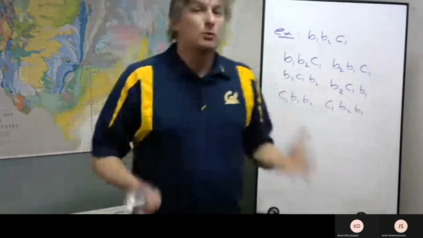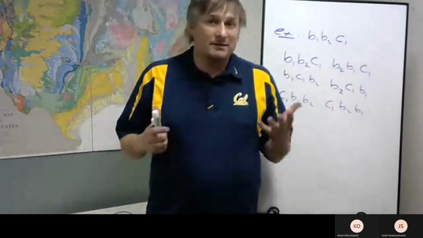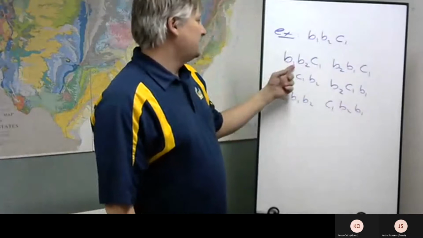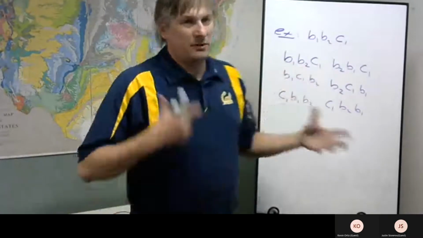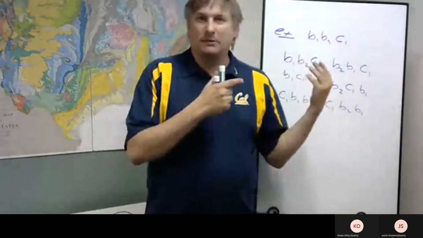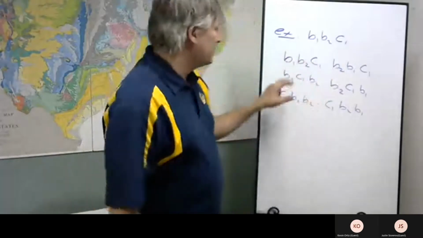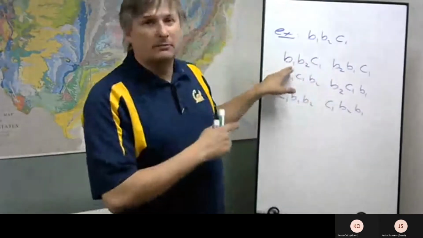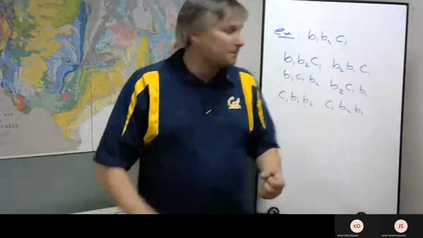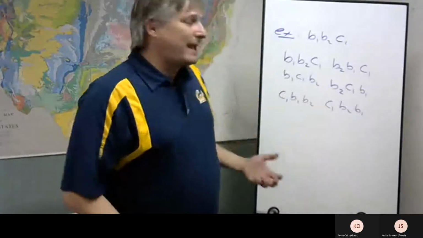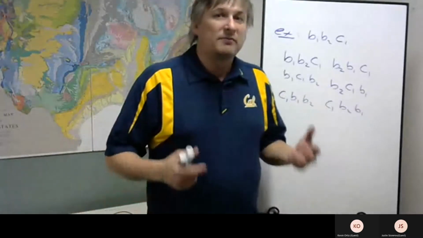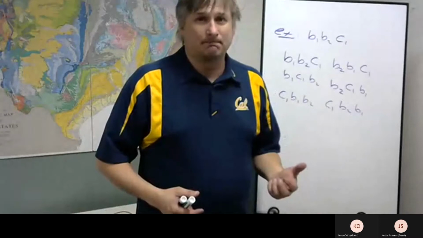Now, these are distinguishable. What we mean by distinguishable is that with B1 and B2, we can see that there's a B1 and there's a B2. We're not going to accidentally switch them around. We can distinguish it from B2. Now, what happens if they're not distinguishable?